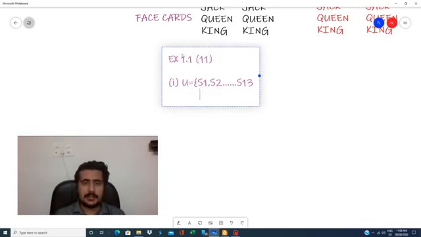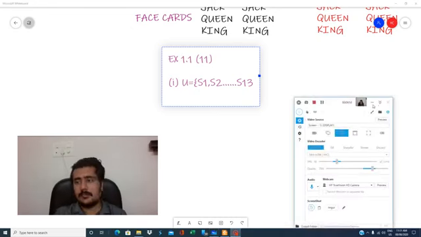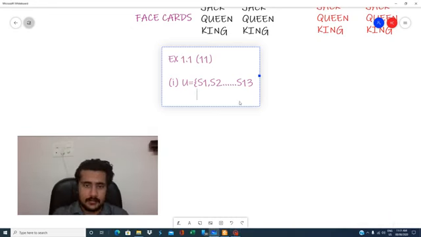In the same way, club 1, club 2, dot dot dot, total 13 cards of club.